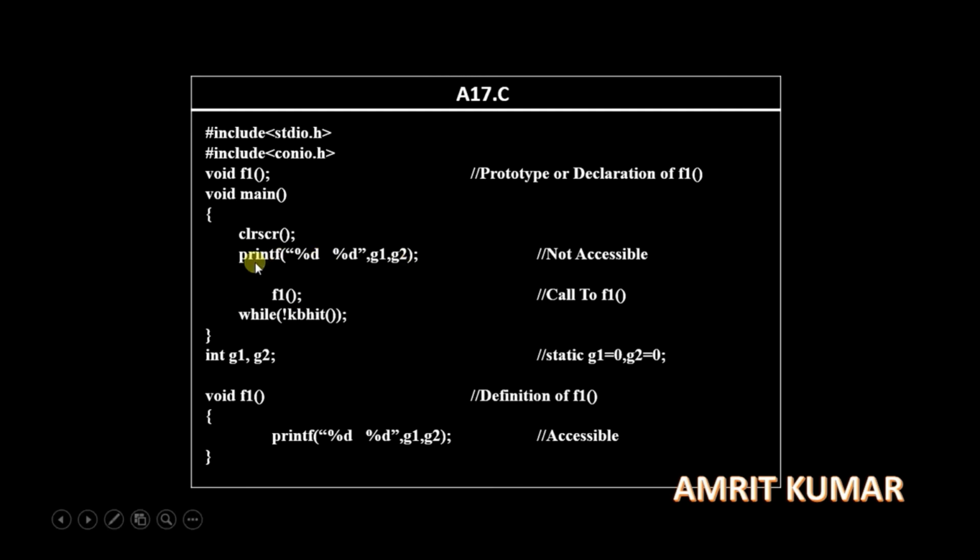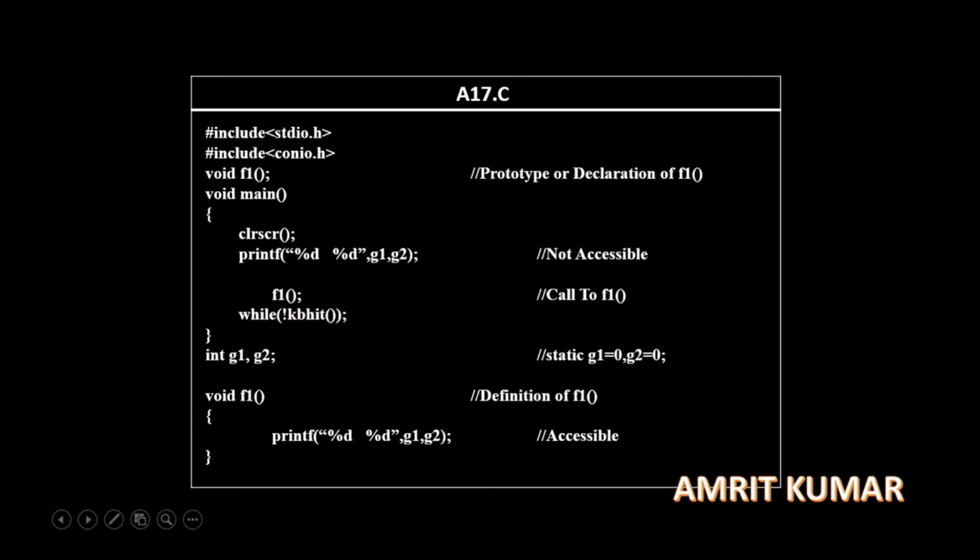Because of this declaration. Because we are declaring here and not here, and that's why it creates problems, and we are not going to access this. And this is the most important thing.